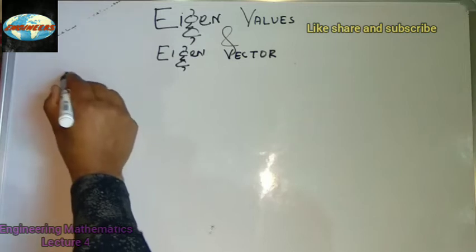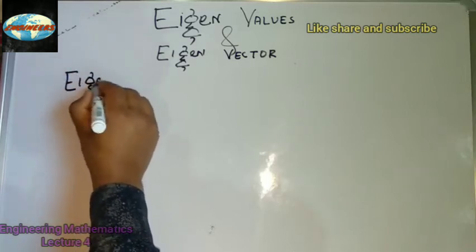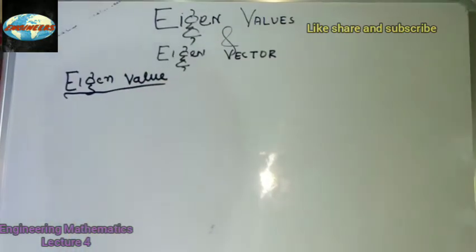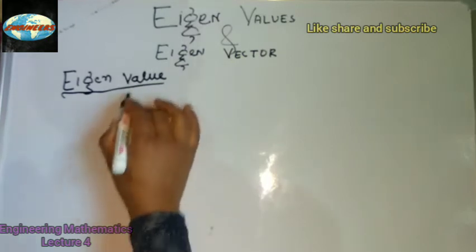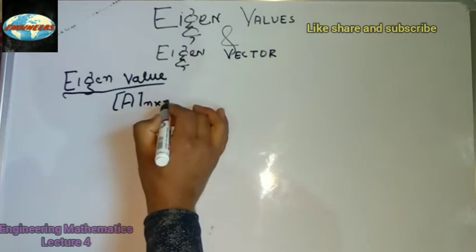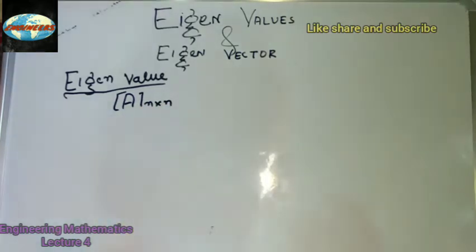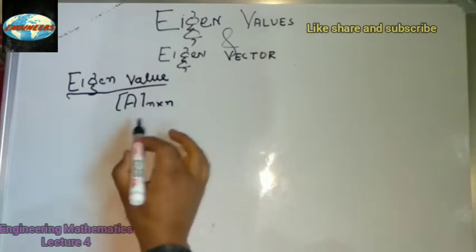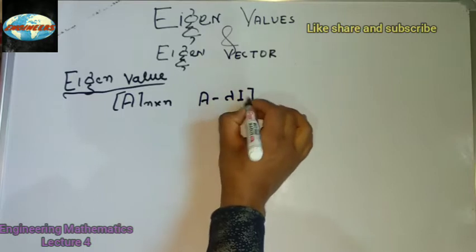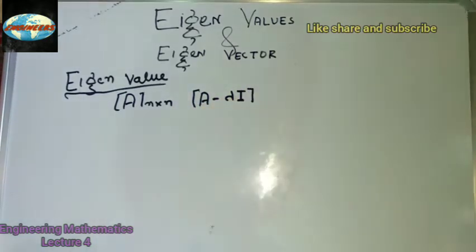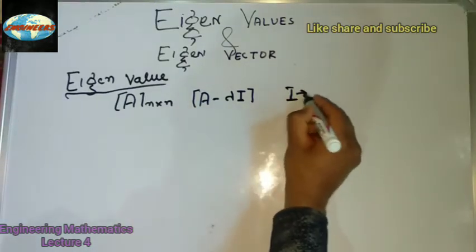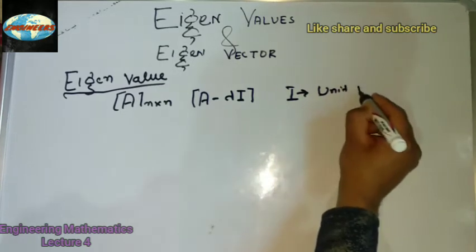First we discuss eigenvalues. Let us consider a square matrix A of order n cross n. If we subtract lambda I from this matrix, A minus lambda I, this will be another matrix, where I is a unit matrix.